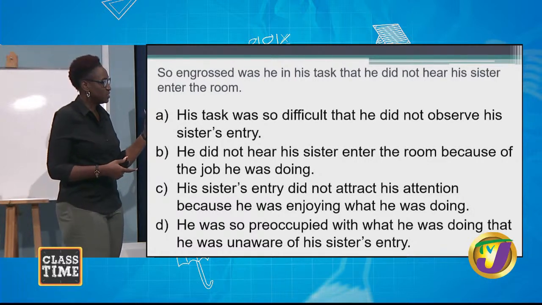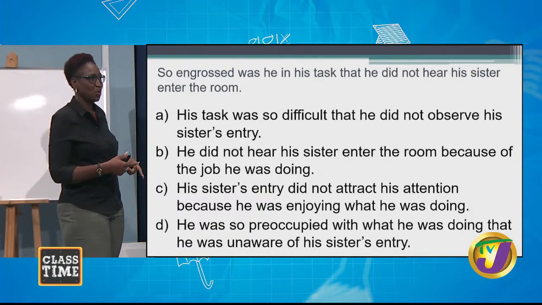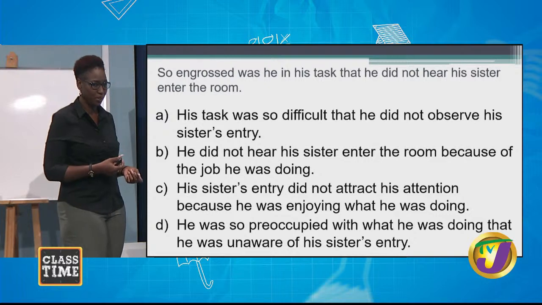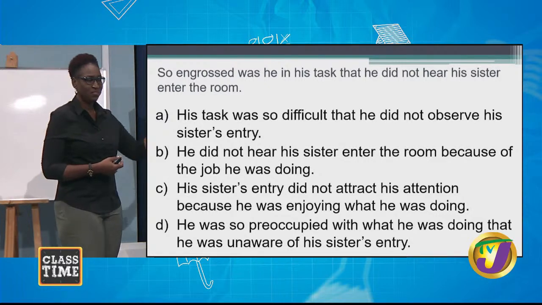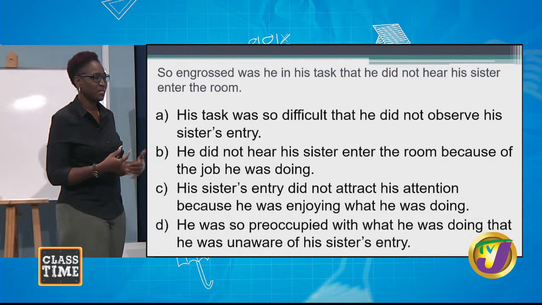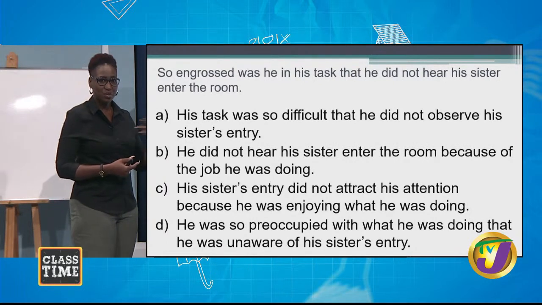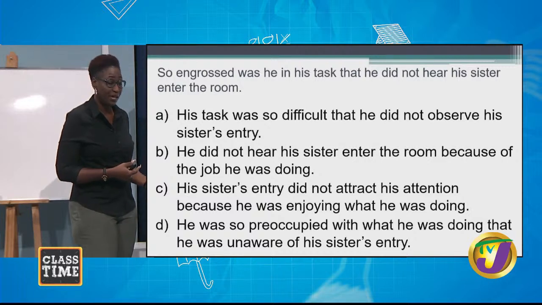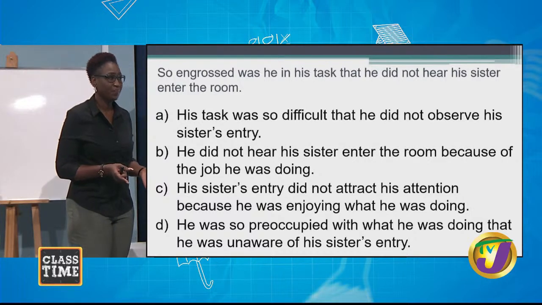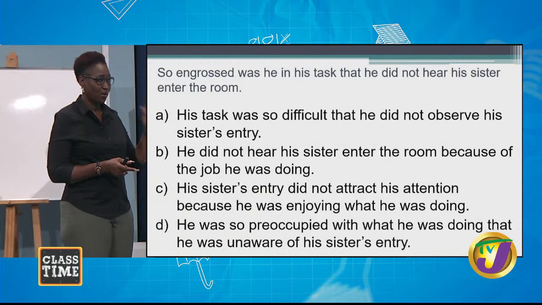So which of these tells you that this young man was so taken up by what he was doing that he didn't even hear his sister enter? And I'm sure there have been cases where you're watching a movie, maybe you're studying, and somebody comes into the room, they might even call your name and you do not even hear. So you should be able to identify with this sentence.